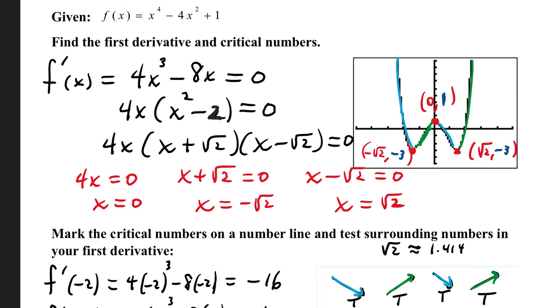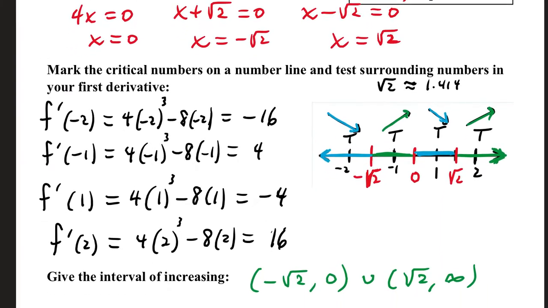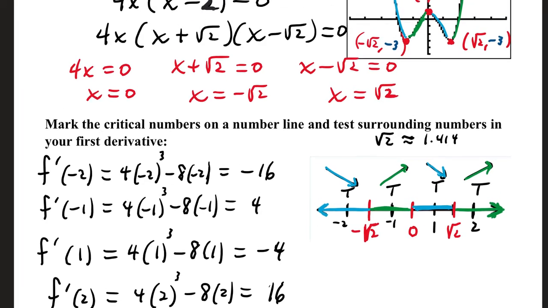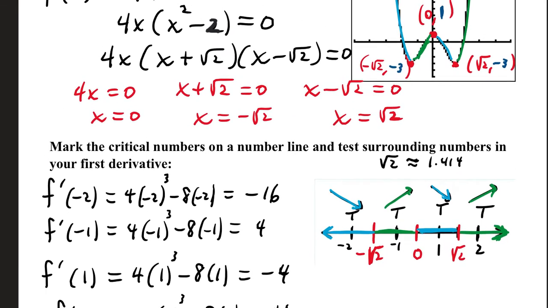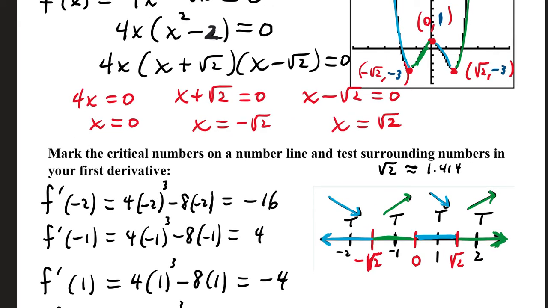Let's go to the number line. We have 3 critical numbers to test around, and we're going to test them in that first derivative. So in red, you'll see your critical numbers marked. We're going to pick numbers between and outside of those critical numbers, testing them in the first derivative.